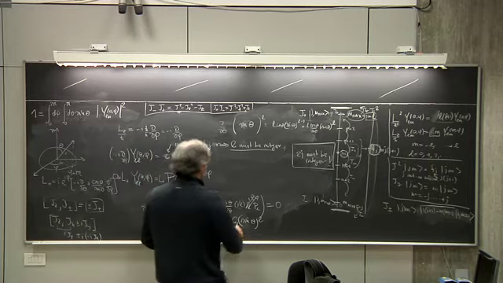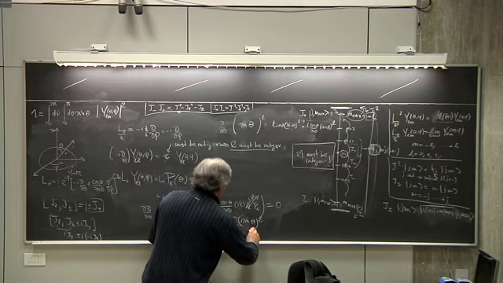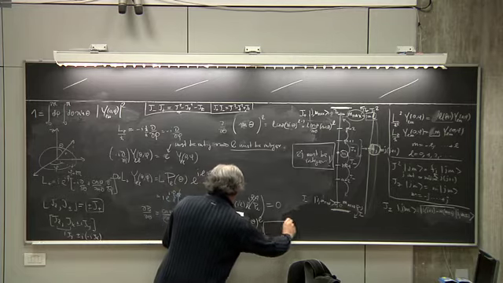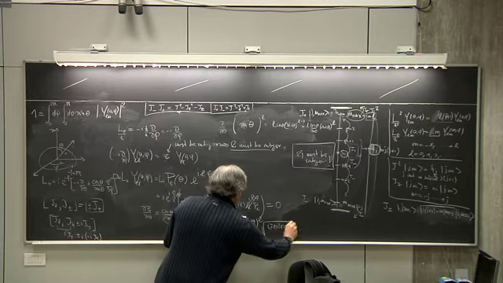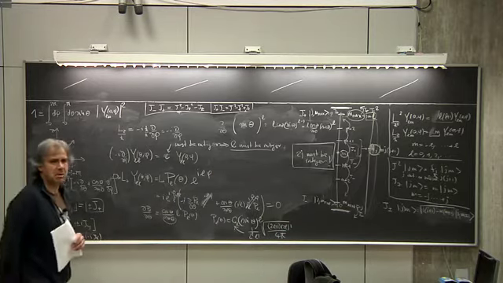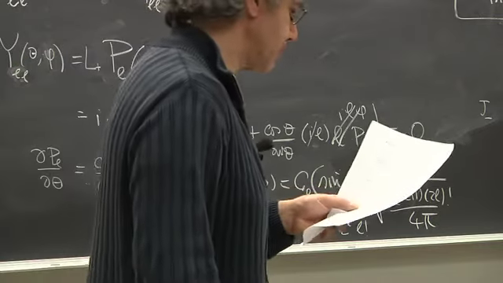And if you do it, you discover that this C_L is 1 over 2 to the L factorial, the square root of (2L plus 1)(2L factorial) divided by 4 pi. Okay? It's a rather ugly looking expression, which I will never remember, obviously, and you probably don't need to remember either. But you know that in principle you can normalize this object. Okay?